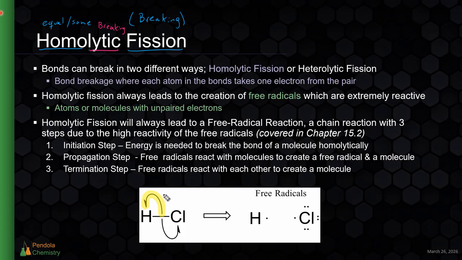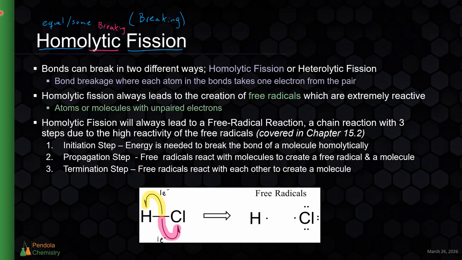So this represents the movement of 1 electron from the bond going to the hydrogen, and the other electron from the bond, and again we're going to put 1e- here, the other electron from the bond going to the chlorine. That's how we know this is homolytic fission, because the bond is being equally broken to give 1 electron to each one of the atoms that forms that bond. Again, shown by the half head on the curved arrows.